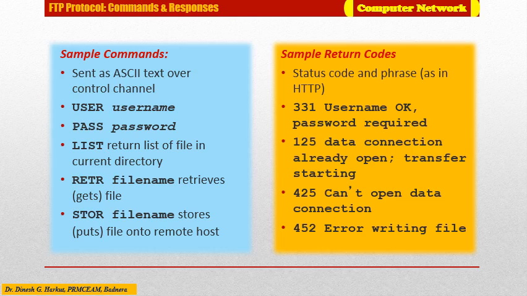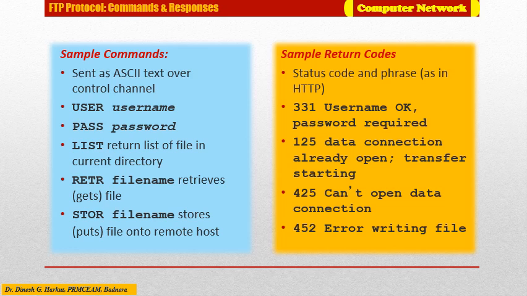Here we will see briefly some of the more common FTP commands and their replies. The commands from the client and the replies from the server to the client are sent across the control connection in plain 7-bit ASCII format. Thus, like HTTP commands, FTP commands are also readable by people.